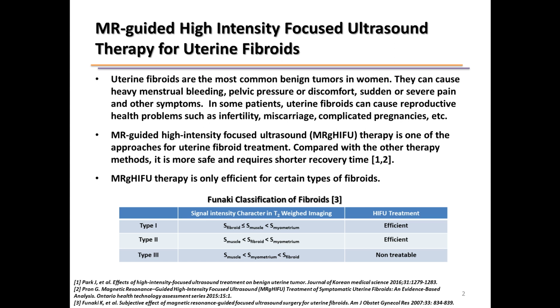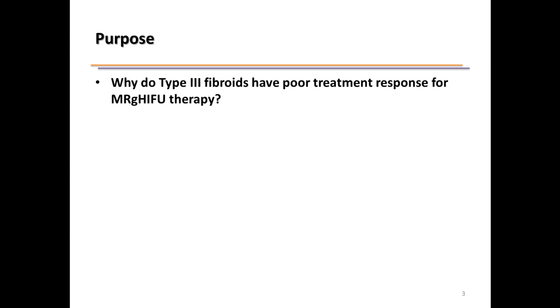However, fibroids which have higher signal intensity than myometrium and skeletal muscle, the so-called type 3 fibroids, do not respond well to HIFU therapy. Why do type 3 fibroids have poor treatment response for HIFU therapy?